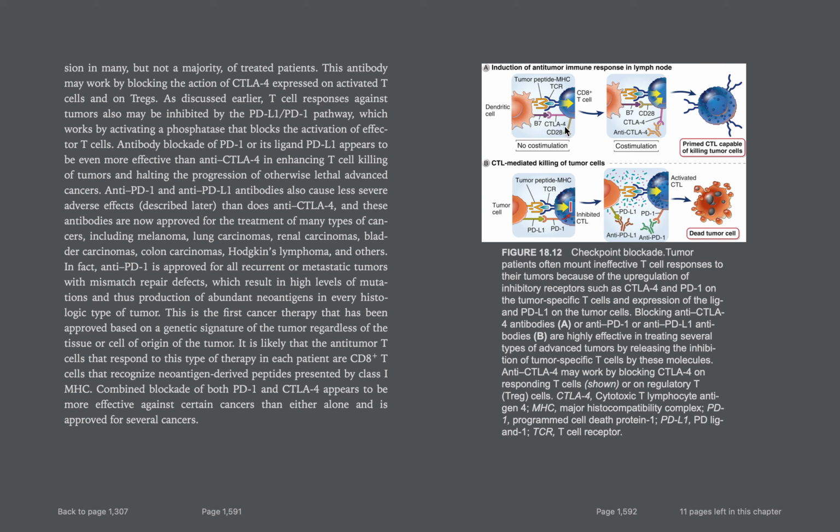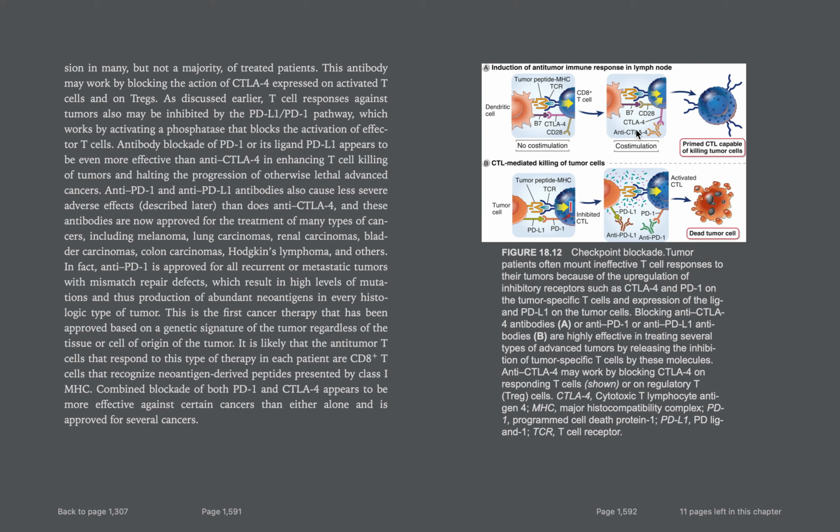We have B7, we have CTLA4, and this CD28. They have to come together, and this CD28 was supposed to interact with B7, but because of inhibitory signals there is no co-stimulation, therefore tumor cells cannot be killed.